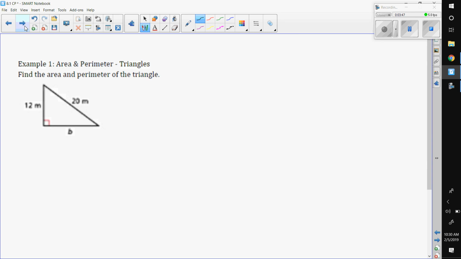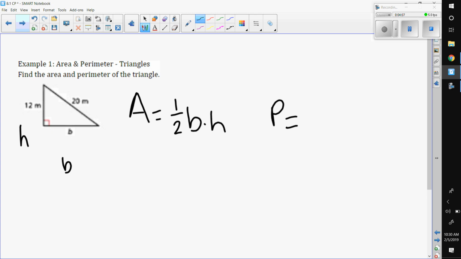So starting with the first example on the back, you see we have a triangle. So we're talking about area equals 1/2 base times height. I see I have my base here, and then I have my height off to the side, but I don't have my value for my base, which I need for my perimeter as well, which will be the addition of all the side lengths.